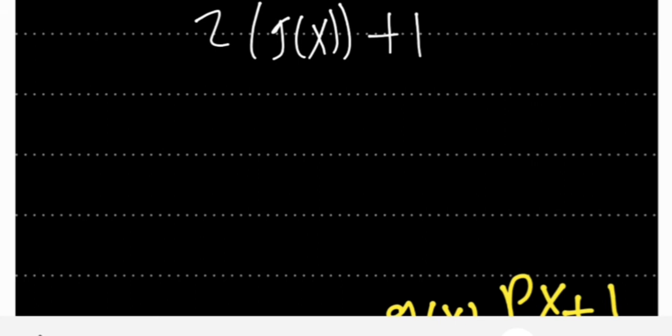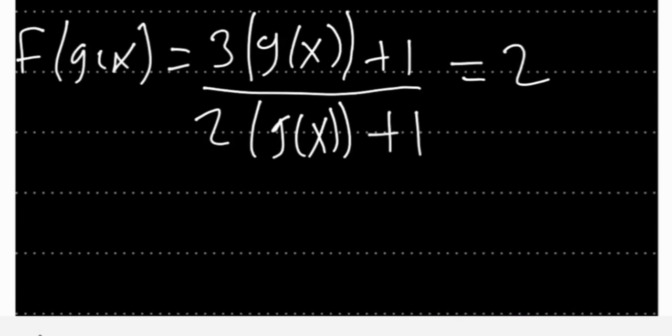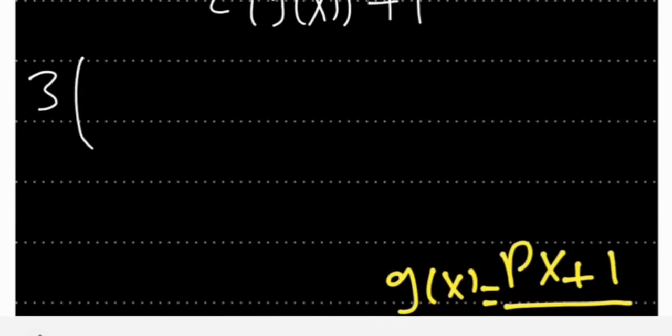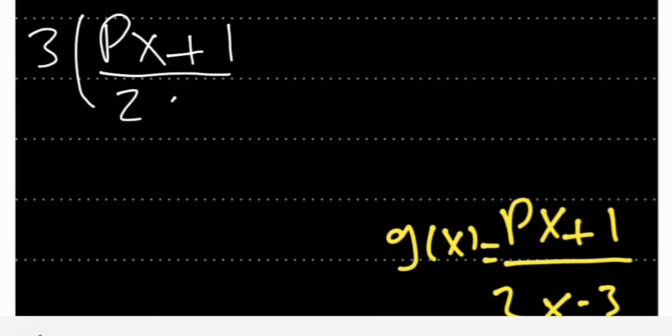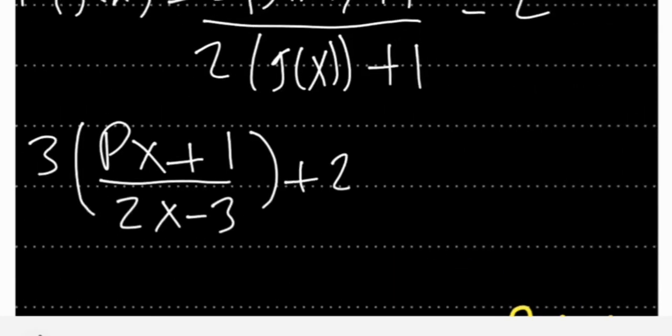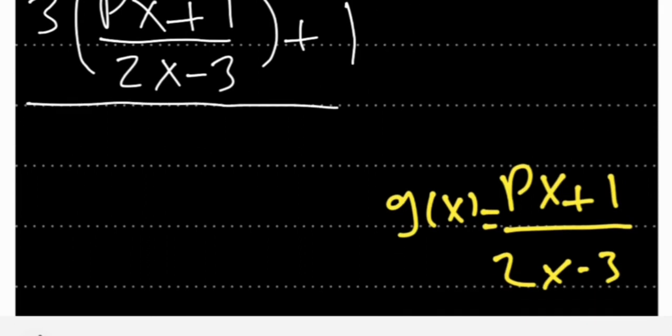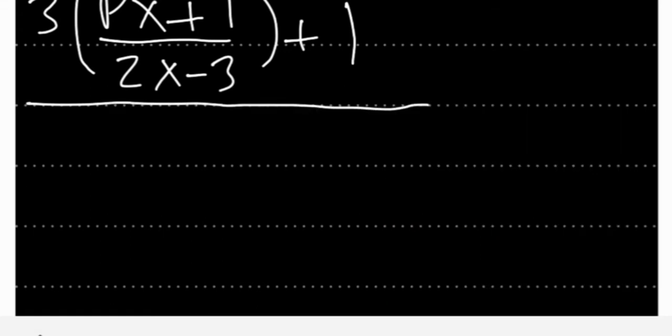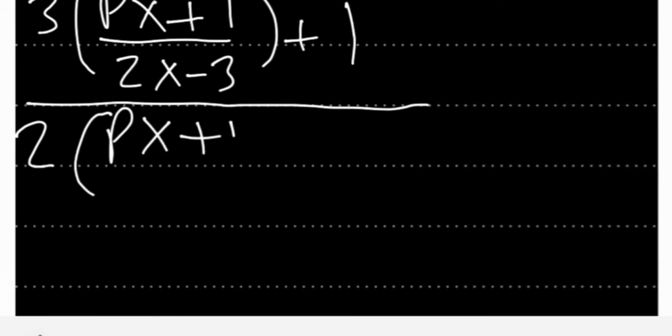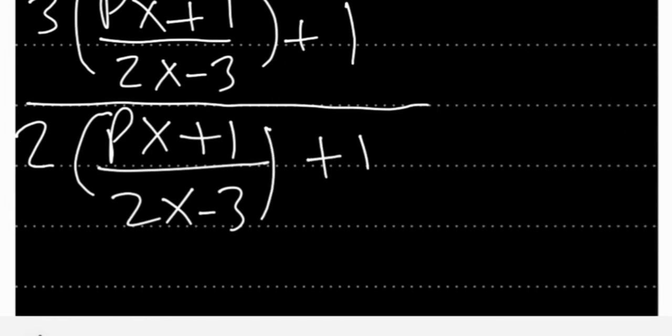So f of g of x now is 3 multiplied by g of x, which is (px + 1) divided by (2x - 3), plus 1, divided by 2 multiplied by g of x, which is (px + 1) divided by (2x - 3), plus 1, right?